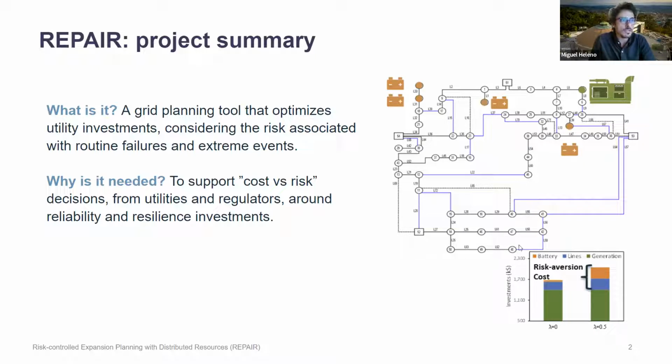And when we look at this grid here, this is just a highlight of one of our results, and I'm showing this in the first slide just to get an idea of what type of results we get. So for a particular grid, a system like this one here, we're going to have multiple possibilities of investments.